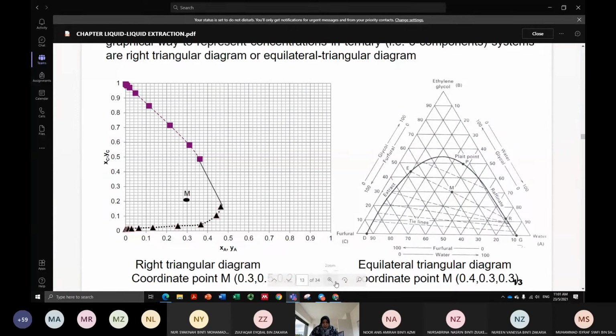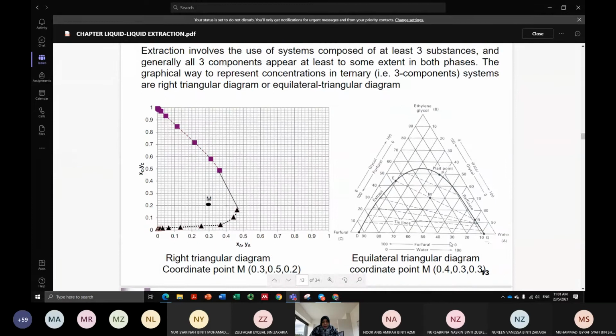Okay, so this is the first technical part that you need to understand. Since we are dealing with three components, or three substances, which are A, B, and C, let's present A to be your solute, B as your carrier, C as your solvent.